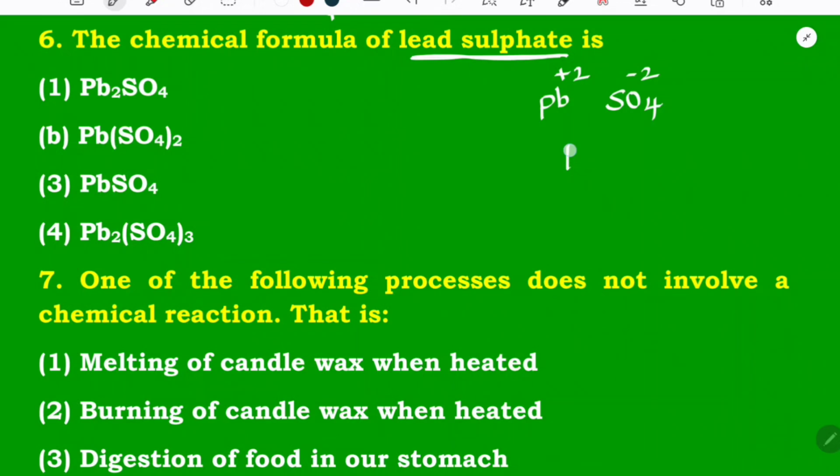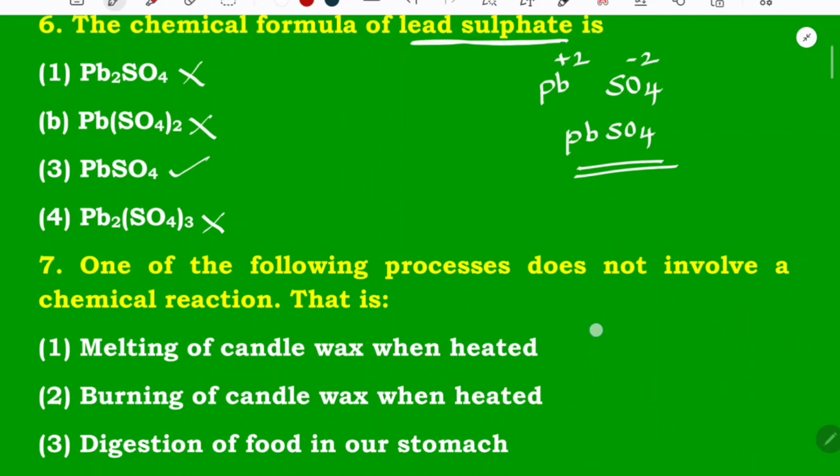Both cancel, so the formula is PbSO4, lead sulfate. Pb2SO4 is wrong. PbSO4 taken twice is also wrong. So the correct formula of lead sulfate is PbSO4. So next.